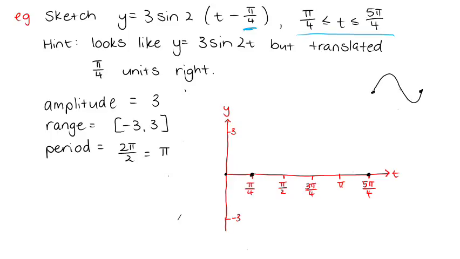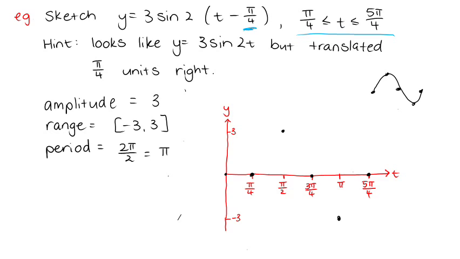We know that exactly halfway between them, it's going to go through the x-axis again. Halfway between the first two dots, it's going to reach its maximum. So that's that point there. And halfway between the last two dots, it's going to reach its minimum. So that's that point there.